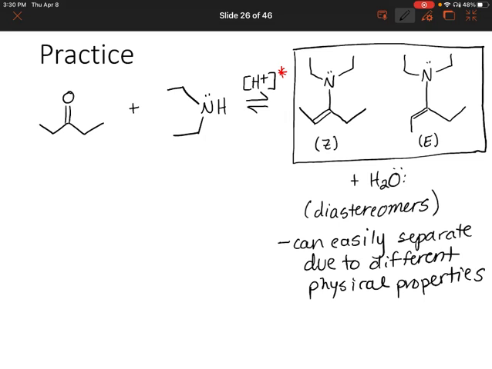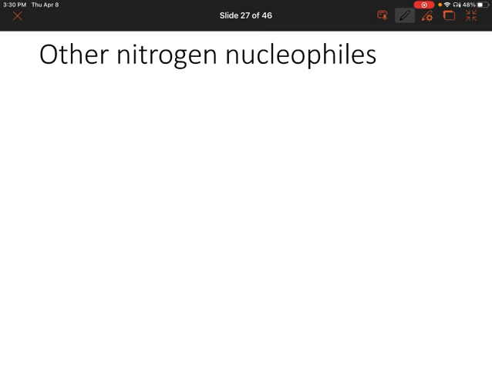Okay. Now, there are some other nitrogen nucleophiles that we could potentially use depending on what type of product we're trying to form. So let's say we have a ketone and we react it with something called hydroxylamine. So this is an amine where our alkyl group is actually an alcohol group or a hydroxy group.